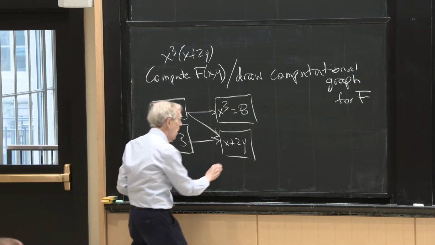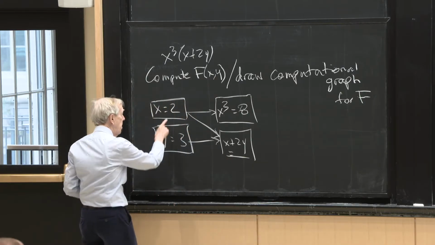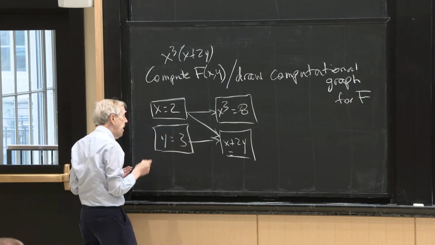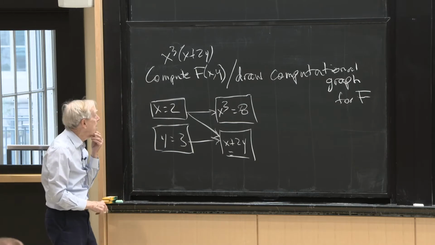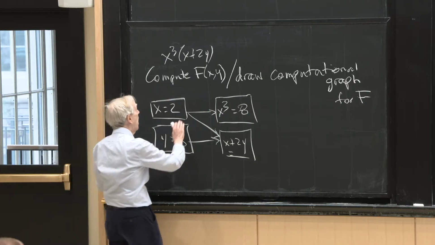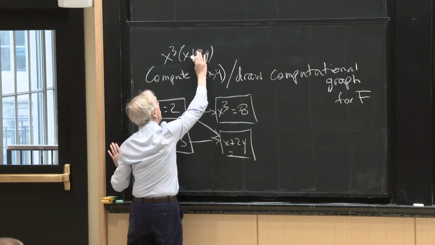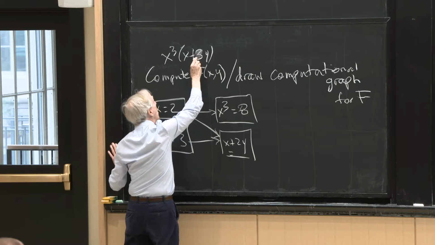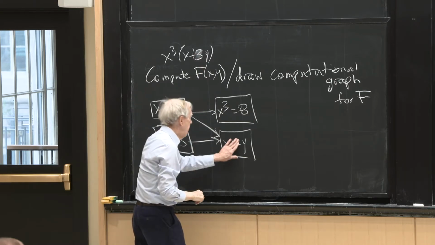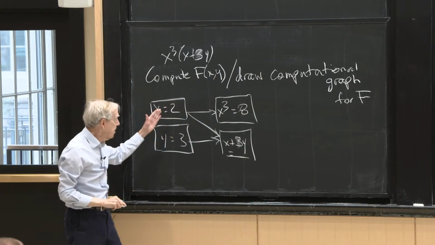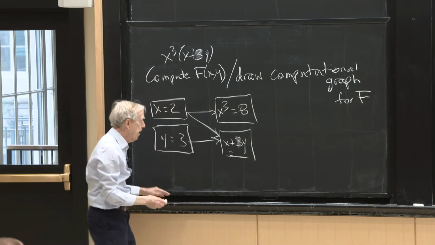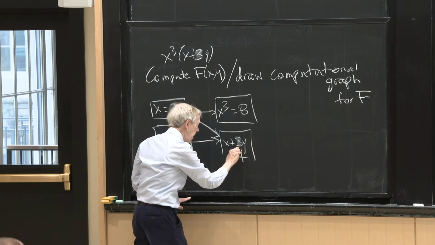So x plus 2y equals whatever it is, 2 and 6. Oh, 8 again, not brilliant. What shall I change here? Make it 3y, just to get a different number here. So now x is 2, y is 3, I get 11. That's a good number. 11.